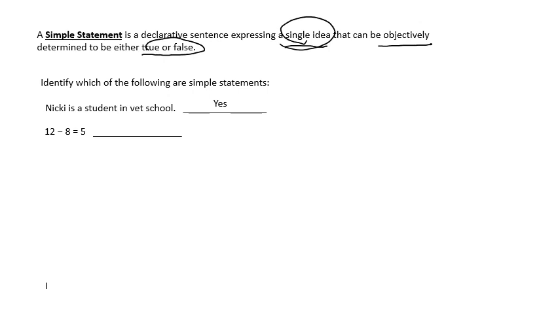The expression 12 minus 8 equal to 5, is that a simple statement? The answer is yes. It expresses the single idea that 12 minus 8 is equal to 5. That statement is either true or false. Again, it's not about being true or false. We can determine if it's true or false.